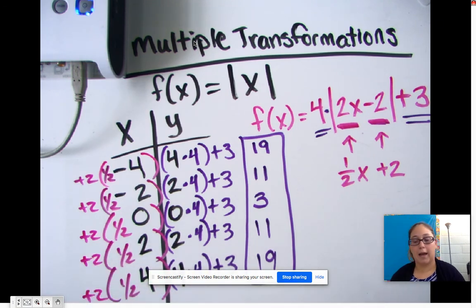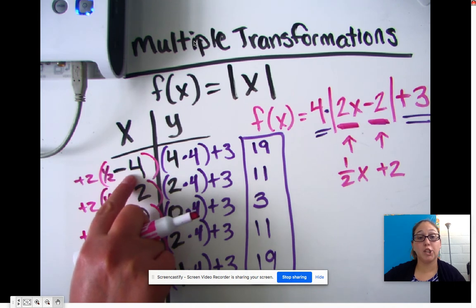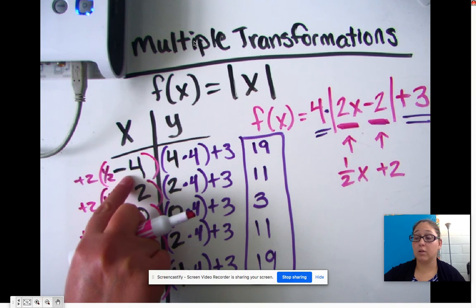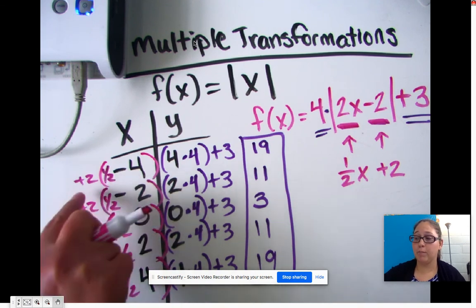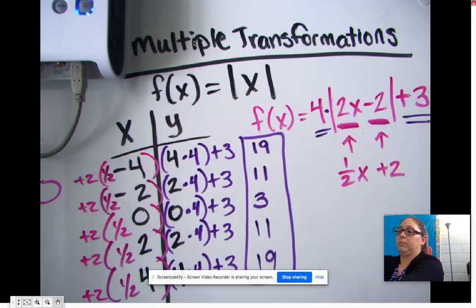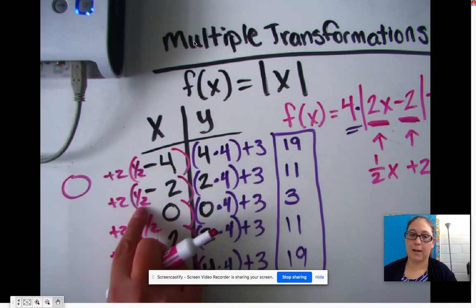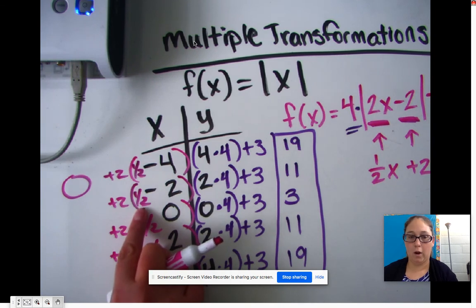So let's do that. Negative 4 divided by 2 is negative 2. Negative 2 plus 2 is 0. Then we have negative 2 divided by 2, negative 1.